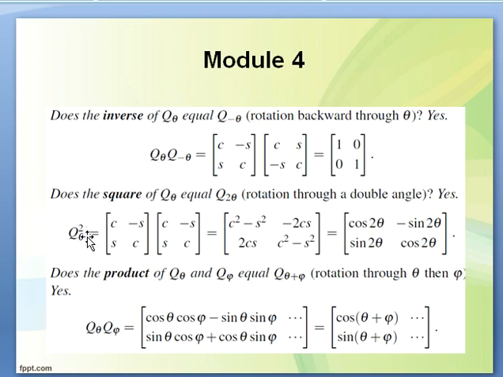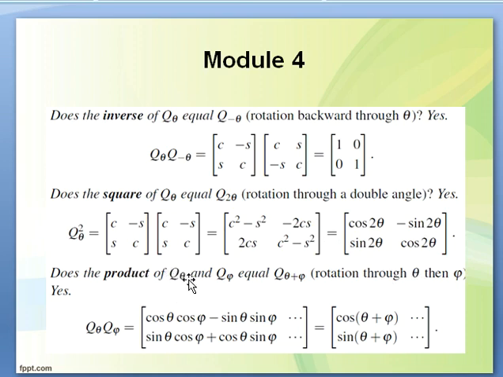Does Q theta squared equal Q of 2 theta? Multiplying the same Q theta, it is true. So Q theta squared is equal to Q of 2 theta by multiplication.